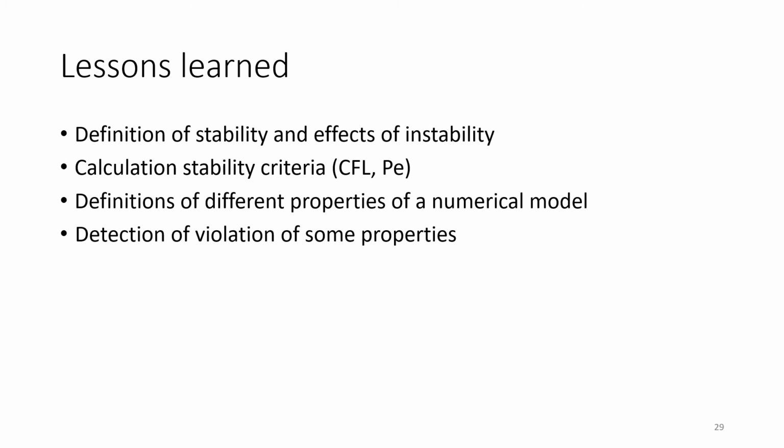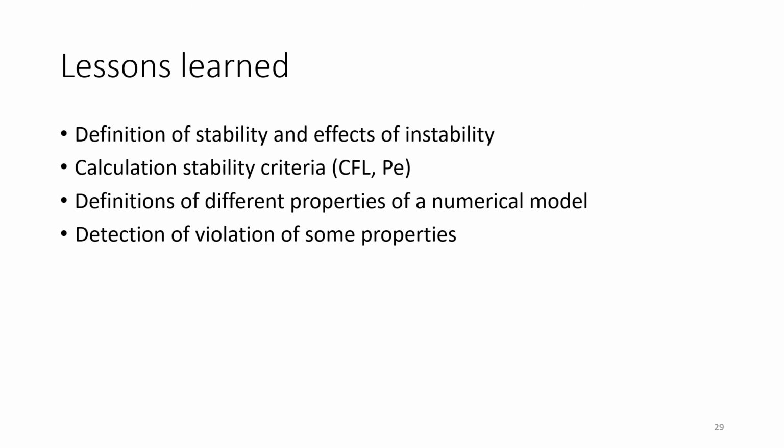So what I want you to take home from this lecture is: know what stability means and how you can detect instability. Get to know the relationships between stability, accuracy, and all the other properties we discussed today. Know what those different properties mean. And if someone says, well, my model is consistent or my model is conservative, you know what he is talking about. What does it mean? Is it good?